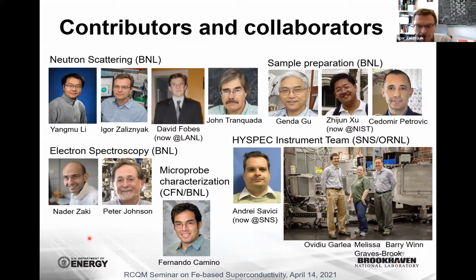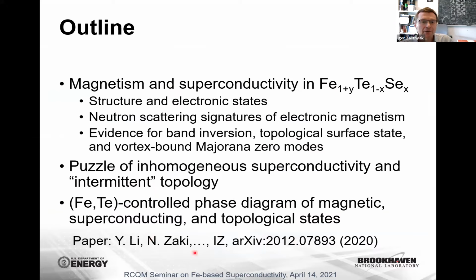All right, so the outline is such that I have a rather extensive introduction, which I hope to skip rather fast because it emphasizes the points that were raised by different speakers in the series, and in particular the importance of strong electronic correlations emphasized by the previous speaker.